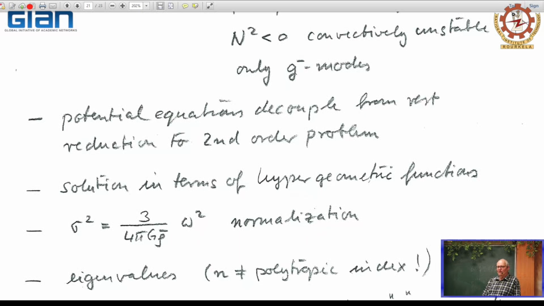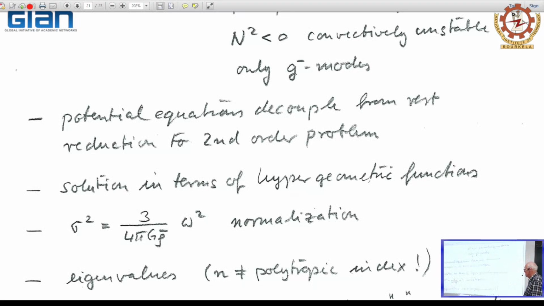You probably will not be familiar with hypergeometric or confluent hypergeometric functions. Well, these are functions which have been studied in detail in the 19th century. So we know a lot about the properties of these hypergeometric functions. So the solution can be given in terms of hypergeometric functions.